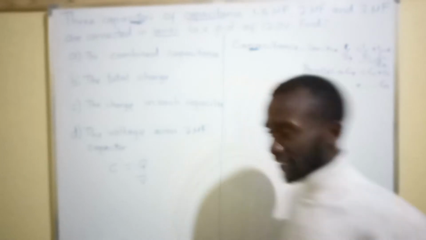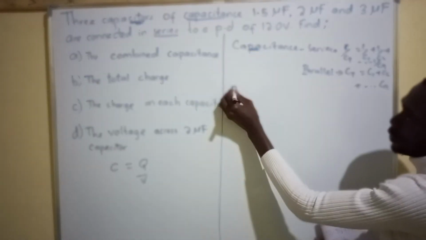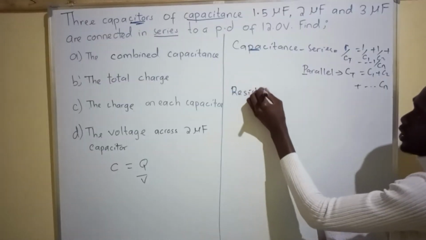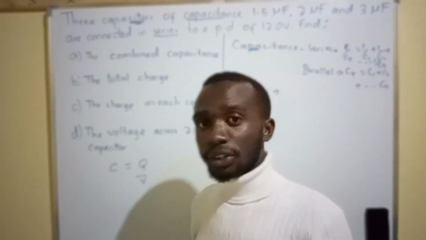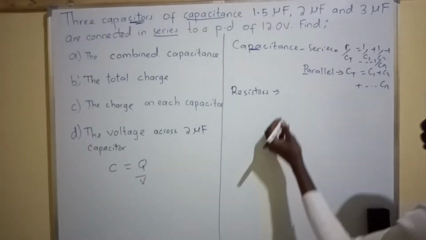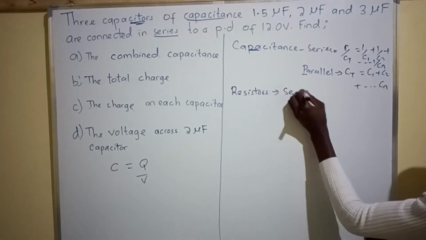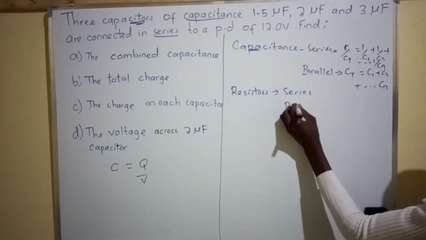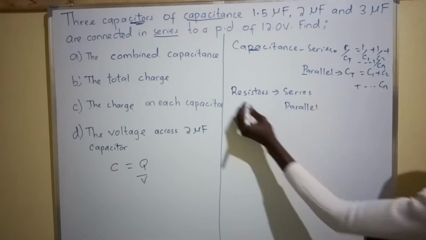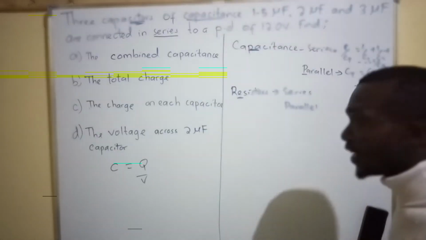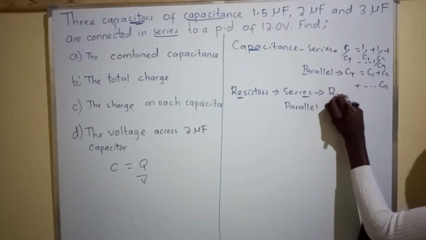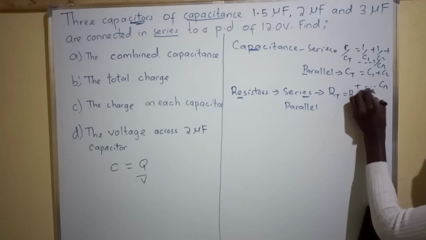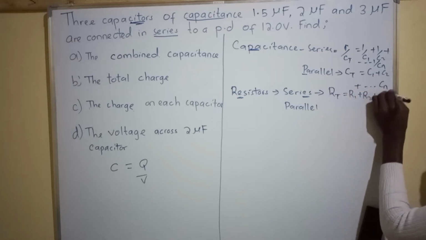Now for resistors, let us go to resistors. We have connection of resistors in series and connection of resistors in parallel. So the resistors also can be connected in series and also in parallel. Resistors in series is the linear one: RT is equal to R1 plus R2 plus Rn.